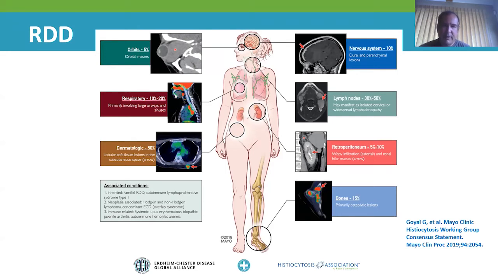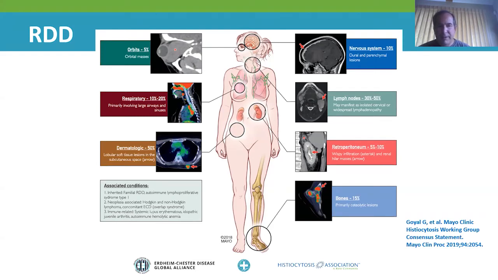The classic presentation of Rosai-Dorfman disease is often, at least in children, massive cervical lymphadenopathy that in most cases spontaneously resolves. For a long time it was thought, and to some degree still is, that RDD in that context was driven by an infectious agent, though to date no infectious agent has been definitively identified.